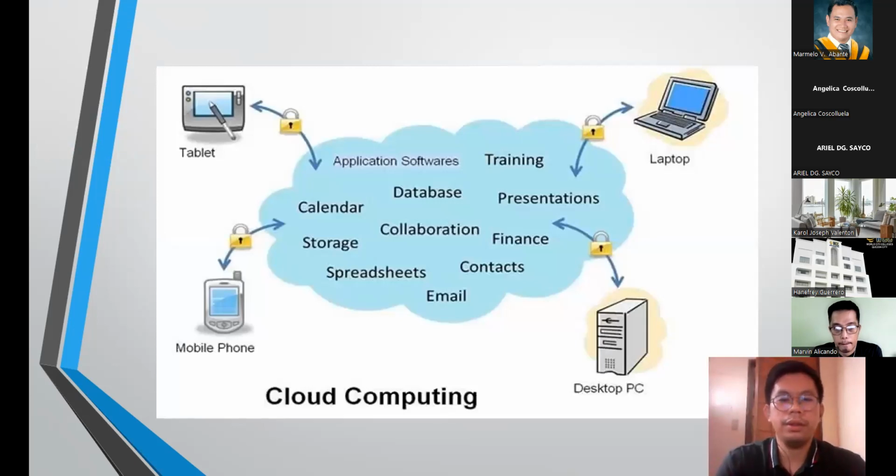As you can see in the figure, cloud computing has a very great capacity to enable access to the cloud or the database of cloud computing. So with just the use of a tablet, mobile phone, laptop, or desktop PC, it can do anything in cloud computing, such as application software, training, calendar, database, presentation, storage, collaboration, finance, spreadsheets, contacts, and email.